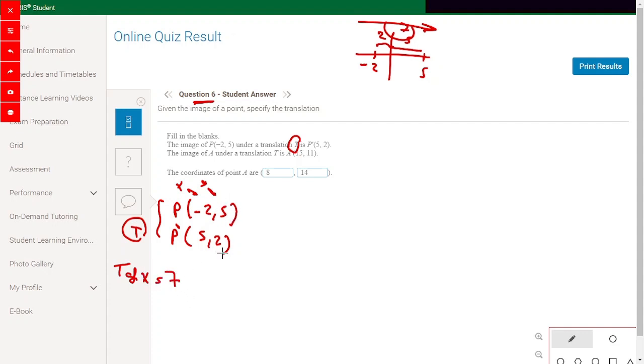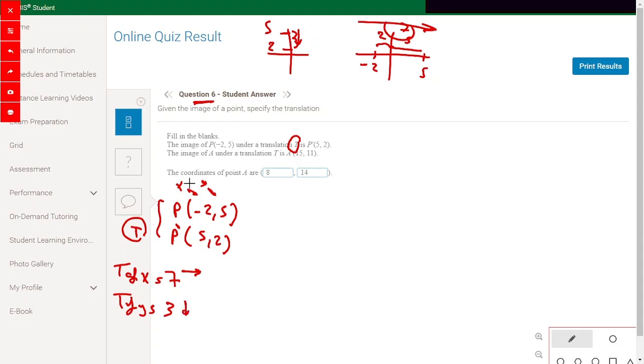And here for y, it was 5 and became 2 downwards. So that means it moved 3 units, because 5 minus 2 is 3 units. So the translation of y is 3. And 7 is right, and 3 downwards.